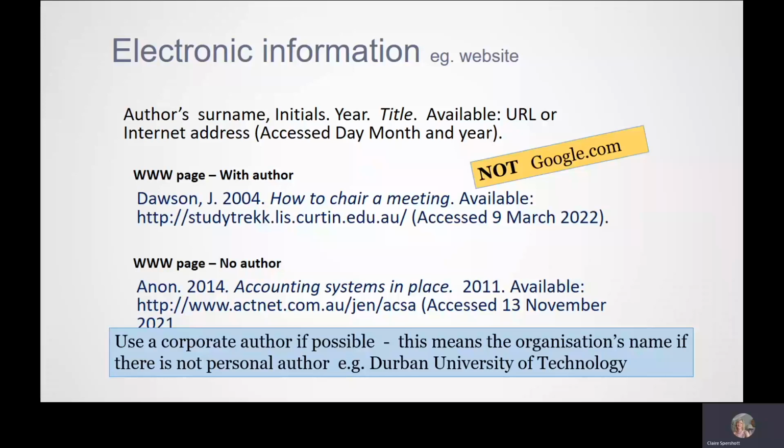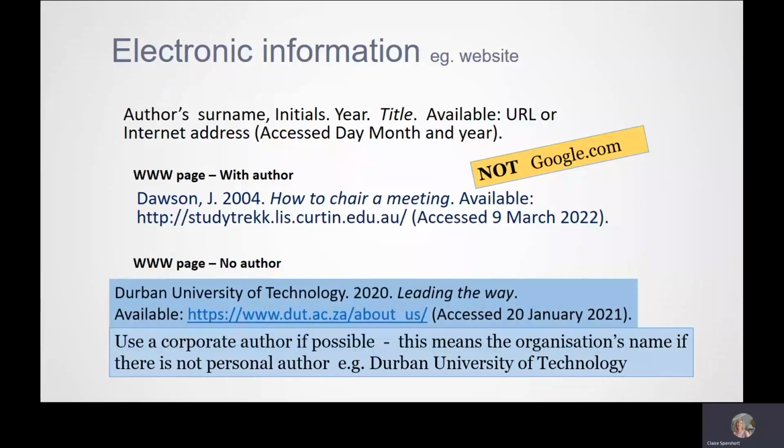And this is actually more appropriate than using anon. So for instance, I can use Durban University of Technology as the author, and it's a better quality of reference than just putting anon in there, especially if the organization is reputable and a renowned organization.